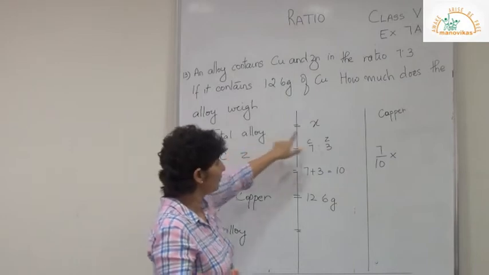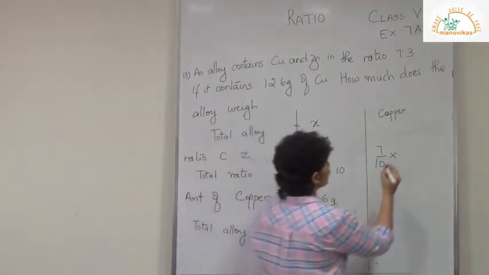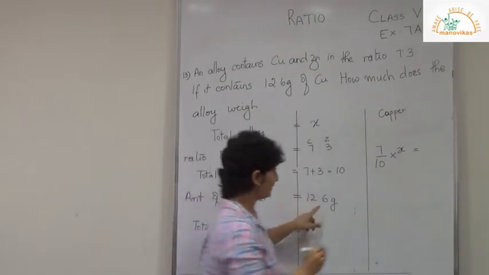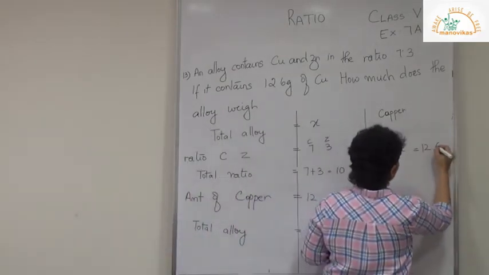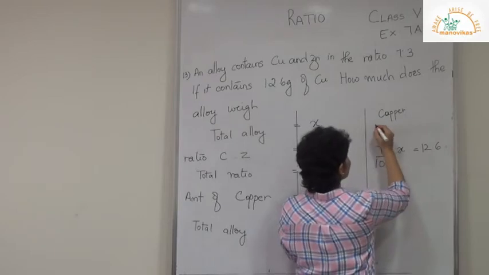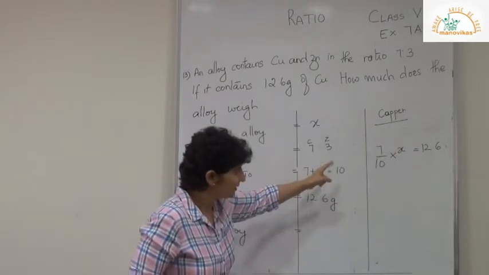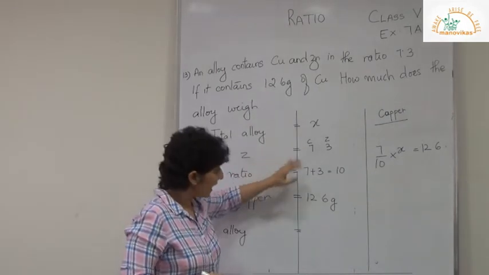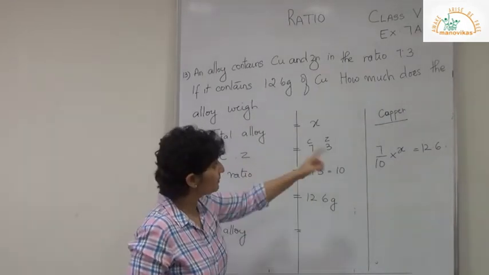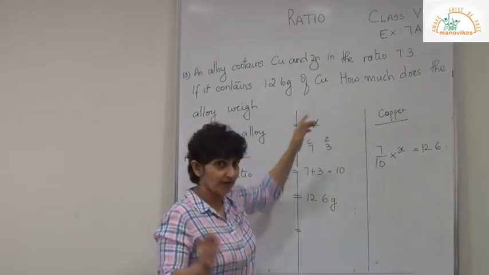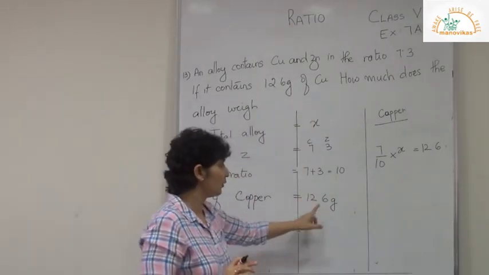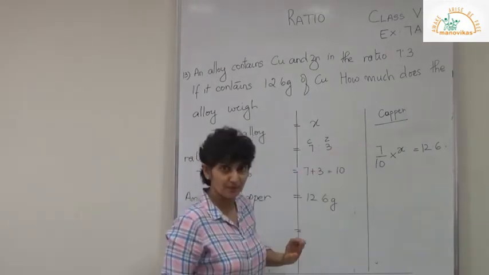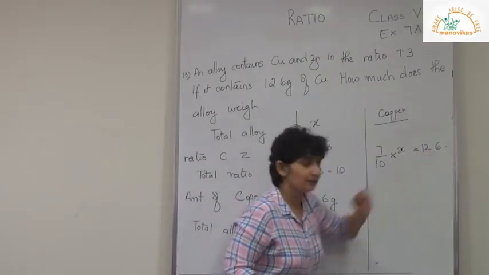Total I do not know, but what have we marked? X. So 7 upon 10 into X is equal to 12.6 grams. Right children? 7 parts of copper upon 10 multiplied by the total alloy, which I do not know, is equal to 12.6.